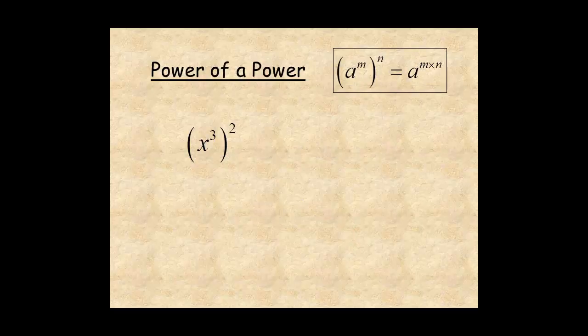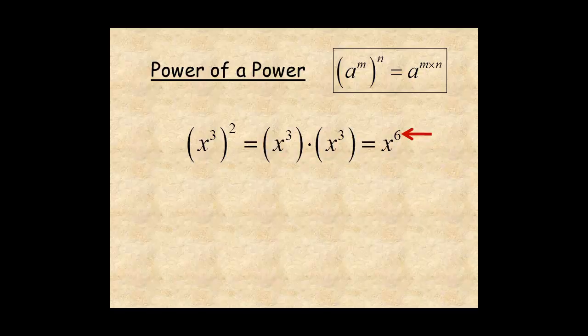This example helps you understand the rule for a power of a power. The expression x to the 3 to the power of 2 means 2 factors of x to the 3, which adds up to 6 factors of x.